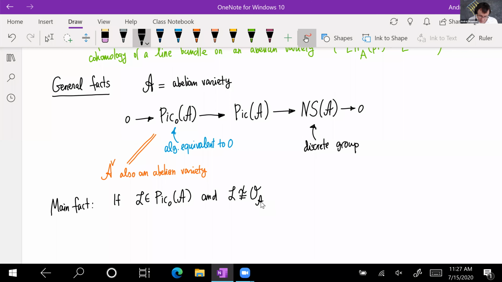So the Pic^0 consists of all line bundles that can be put in an algebraic family, one of whose fibers is a trivial line bundle. But it can be put in a family with one of the fibers being a trivial line bundle, but it's not trivial by itself. Then all cohomology of that line bundle is 0.